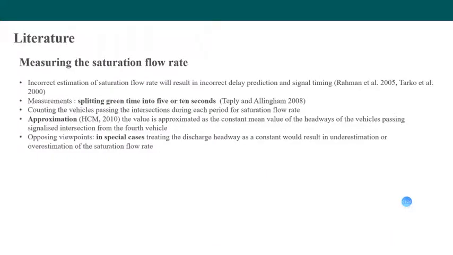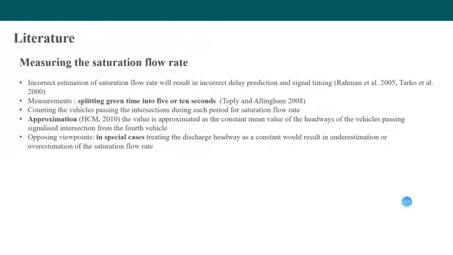In the literature, there are some studies about measuring the saturation flow rate. For example, some studies split the green time into 5 or 10 second periods and count the vehicles passing the intersection during each period for saturation flow rates.